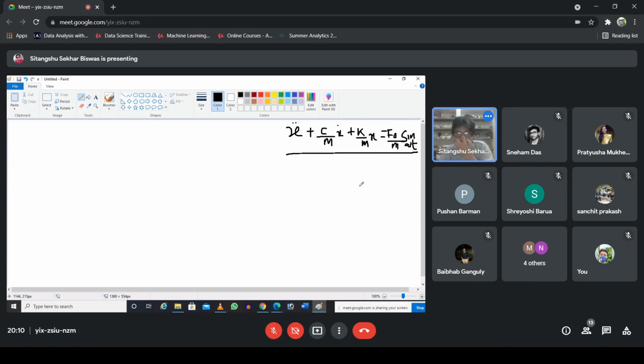Now c by m is basically represented as 2 zeta omega n.